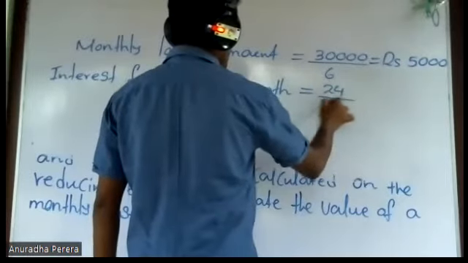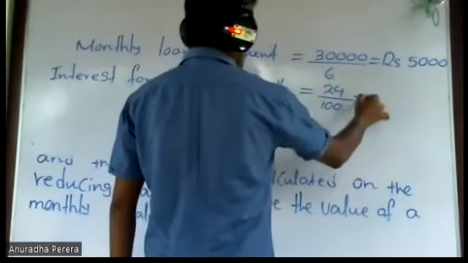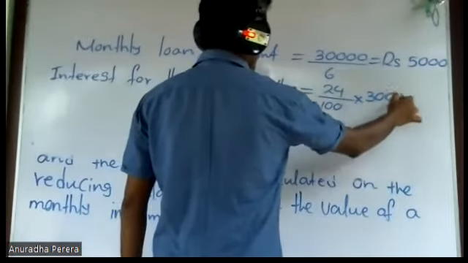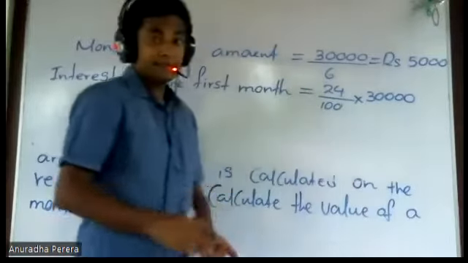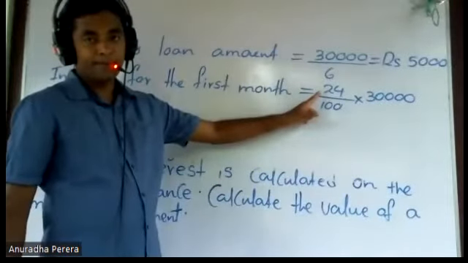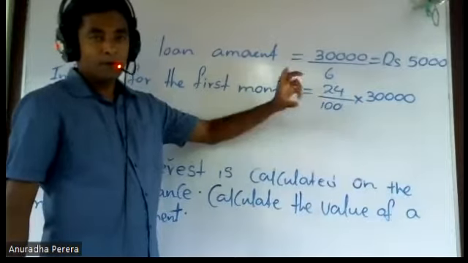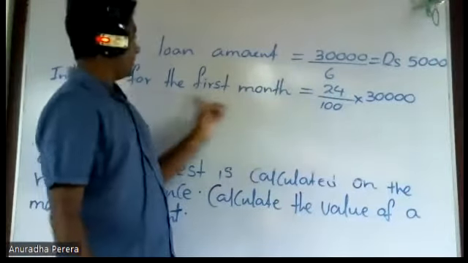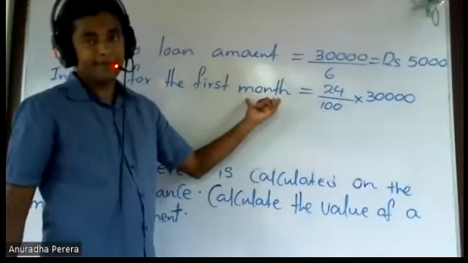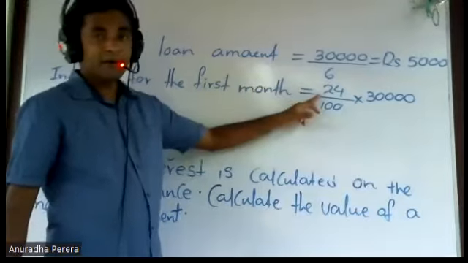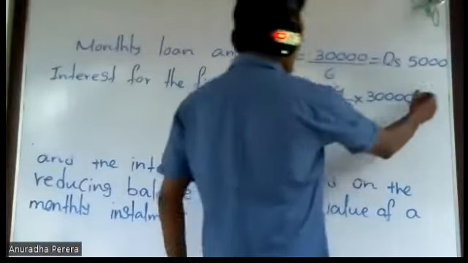24% into the beginning loan amount, which is 30,000. The given rate is the annual interest rate, 24%. We are determining the monthly interest, so this should be divided by 12, or multiplied by 1/12.